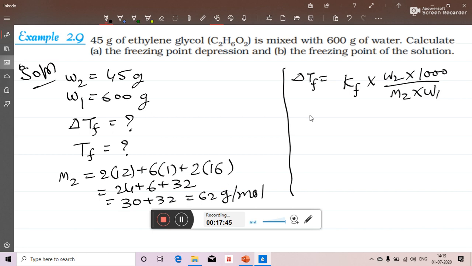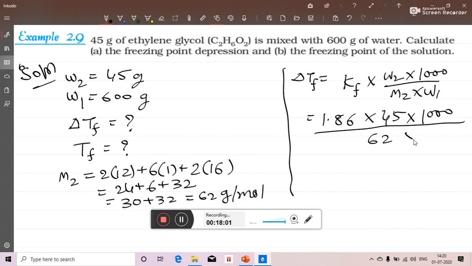Now KF is 1.86 Kelvin kilogram per mole into W2 is 45 upon M2 is 62 into 1000 upon W1 is 600. So on solving this we will get delta TF as 2.2 Kelvin. That is our first answer.